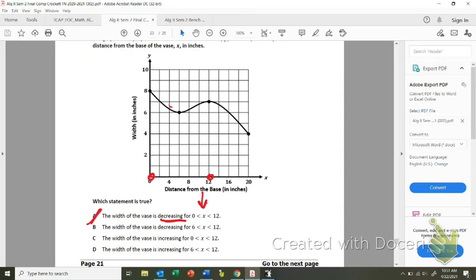All right, then from 6 to 12, it says it's only decreasing. Well, nope, looks like it's increasing. So not B. All right, C says it's only increasing. That's not right. D says from 6 to 12 it is increasing, so D must be my correct answer. If you look here, it's increasing, excuse me.